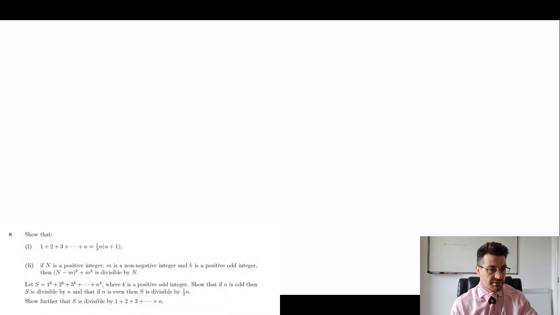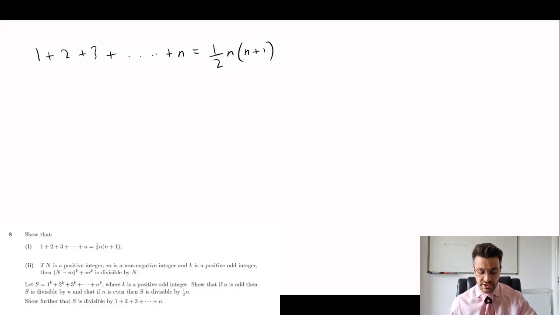So actually the first part of this is fairly routine. Show that 1 plus 2 plus 3 plus up to n is equal to a half n times n plus 1. Now, there's a million different ways that you can go about this.